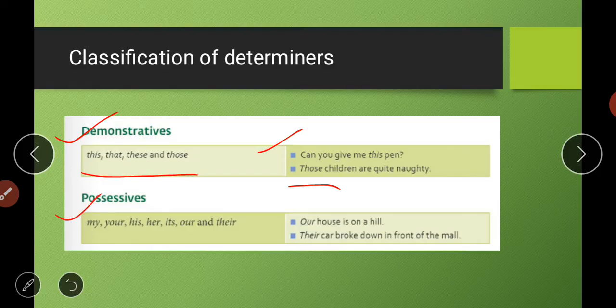As you know, words like my, yours, his, hers, its, our are possessives. Our house is on a hill. Their car broke down in front of the mall. Words like ours, theirs tell you about the belongingness of something, so that is why they are called possessives. Again, possessives are a kind of determiner.